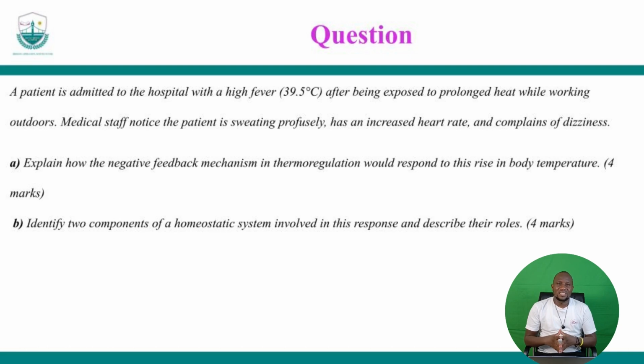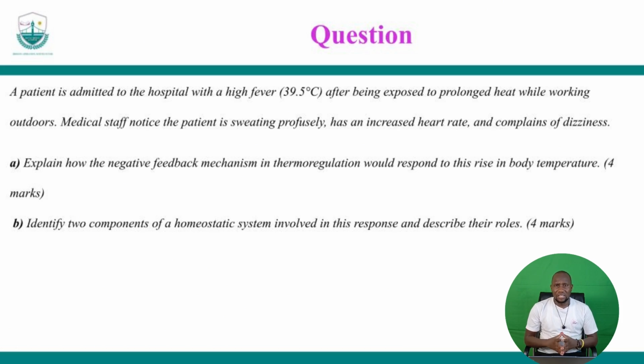As a result, the body wants to make sure that this body temperature is brought back to normal. We know that normal body temperature is around 37 degrees centigrade. So when you have a temperature of 39.5, like for this patient, that is fever. That is hyperthermia.